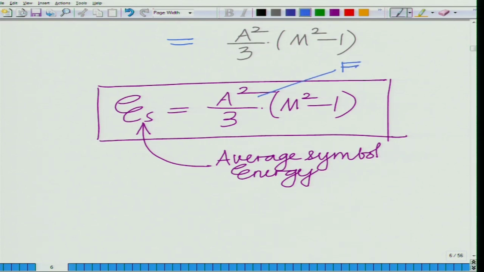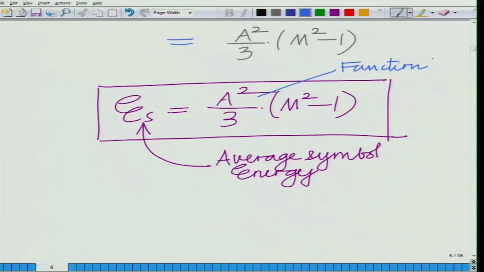This is a function of A and M. Naturally, it depends on A, where 2A is the spacing. Now, we cannot say A is the amplitude, because there are several amplitudes A, 3A, 5A, and so on. We can only characterize it by the spacing between these successive levels, and the spacing is given by 2A. So, this is a function of A, which is the spacing, and also M, which is the number of levels.